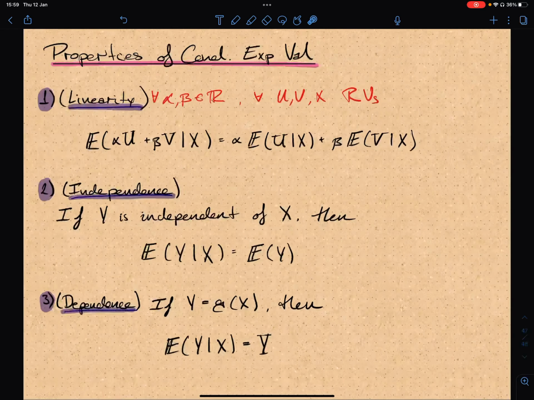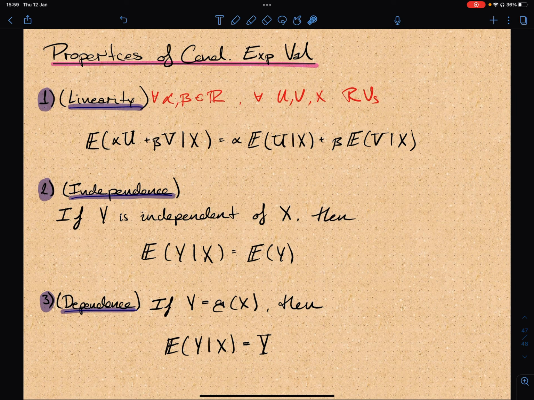And on the other side, we have complete dependence, meaning that if y is a function of x, for some g of x, then the conditional expected value of y given x is just equal to y. This also is consistent with the interpretation that conditional expected value is the best approximation given x.